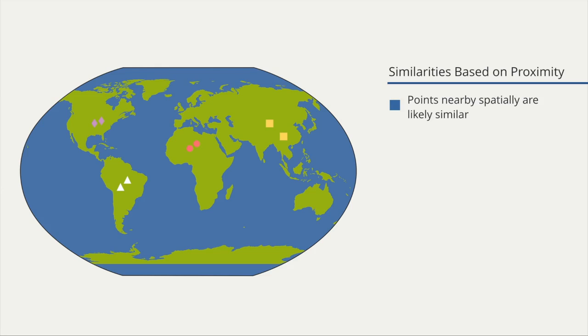So for example, you see the triangles in South America are near each other, where the squares near Asia are near each other.